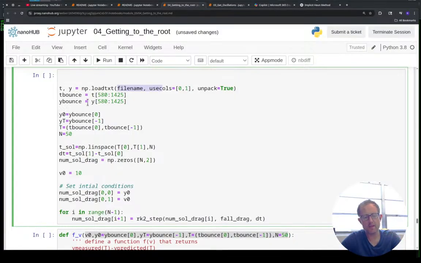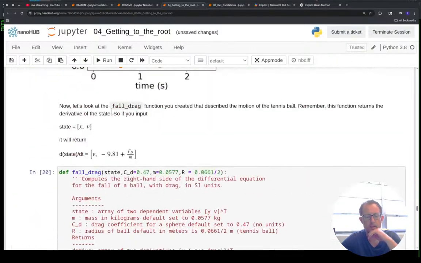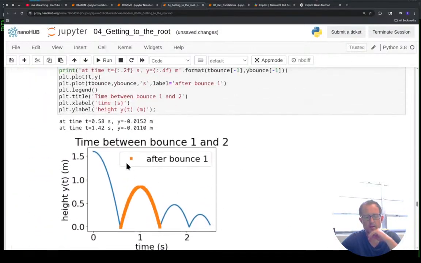And I'm grabbing, from this time sequence, it hits the ground, flies through the air, and then at 1425 index, it hits the ground again. And that's what we're looking at up here. Is that ground, air, ground.